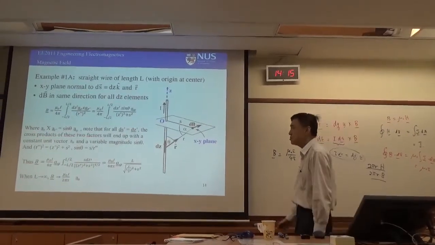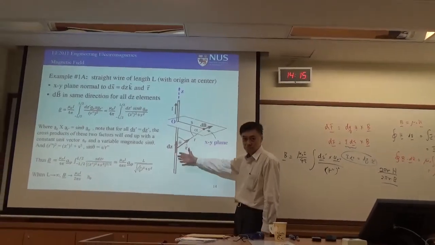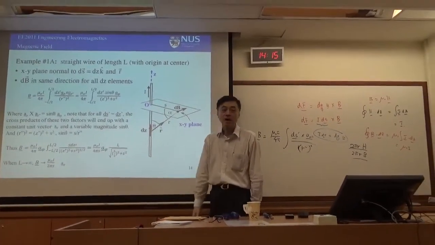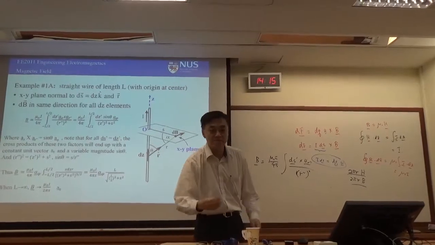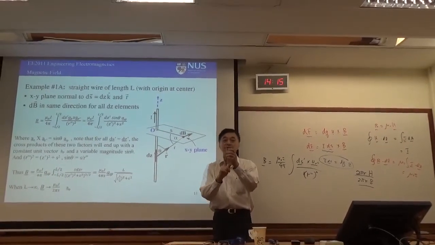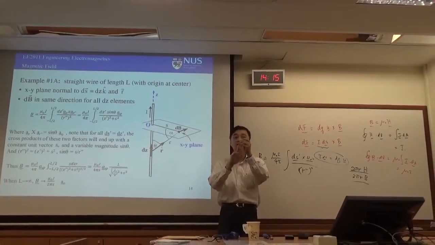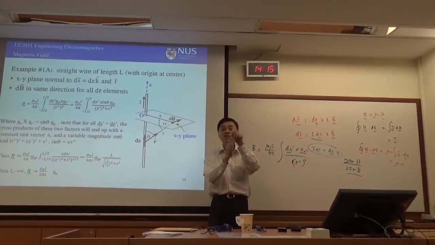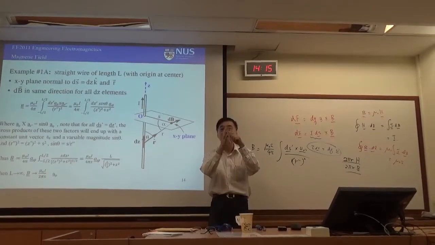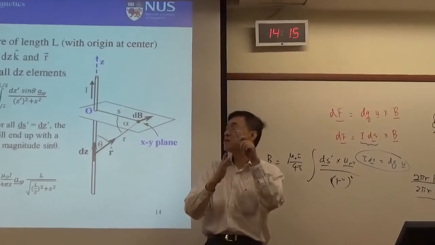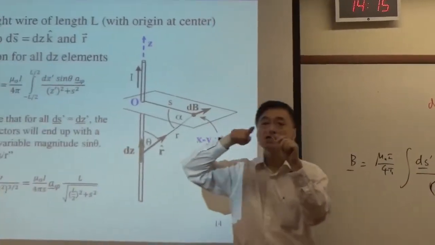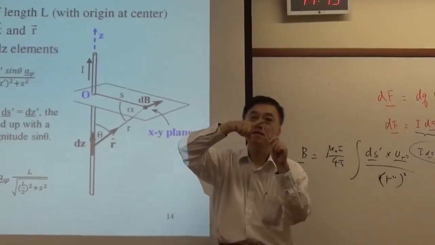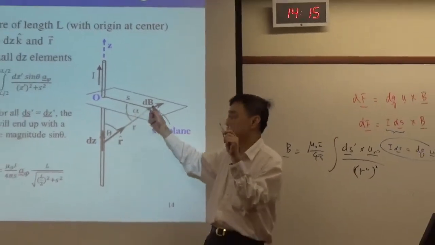So we've gone through an example, and we see that for that particular example, when we have a ds prime along the z-axis and a u r over here, then the cross product of the two is automatically on this plane, which is in the phi direction.